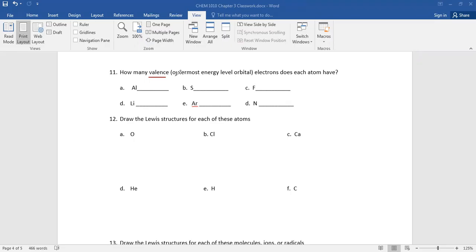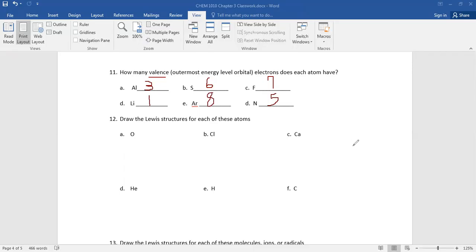And so aluminum is in group 3A, so it has 3 valence electrons, whereas lithium is in group 1A, so it has 1 valence electron. Sulfur is in group 6A, so it has 6 valence electrons. Fluorine is in group 7A, so it has 7 valence electrons. Nitrogen is in group 5A, so it has 5. And argon is in group 8A, so it has 8.